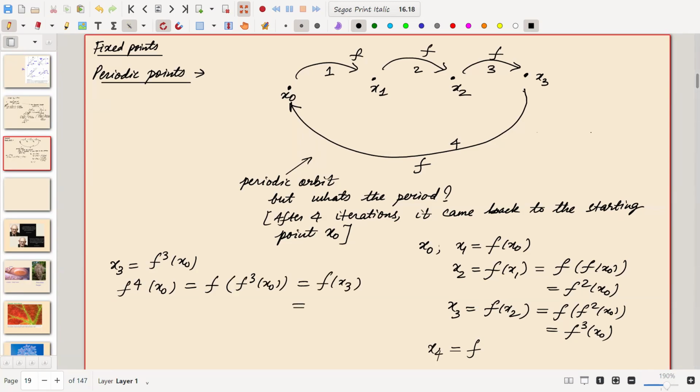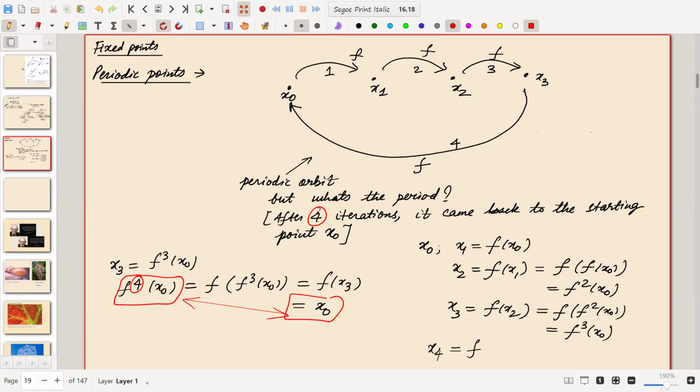So what is f of x3? x naught. Can you see something very important here? f to the 4 of x naught is equal to x naught. And what is this 4 here? The 4 is the period, right?